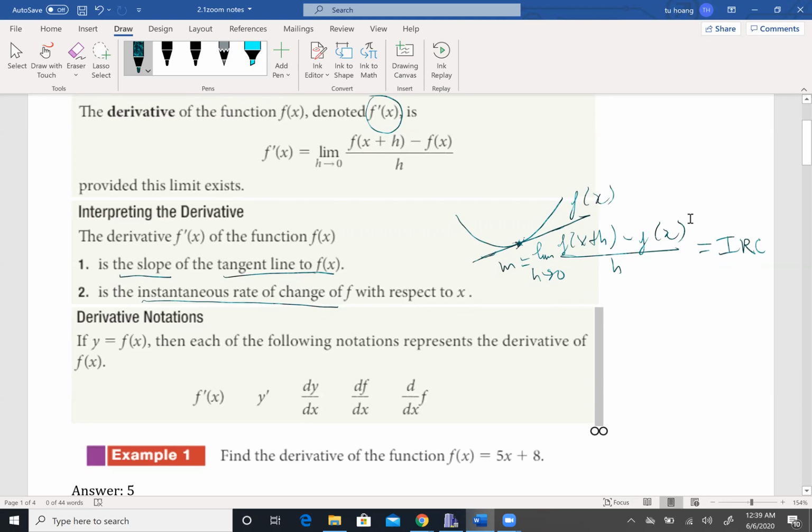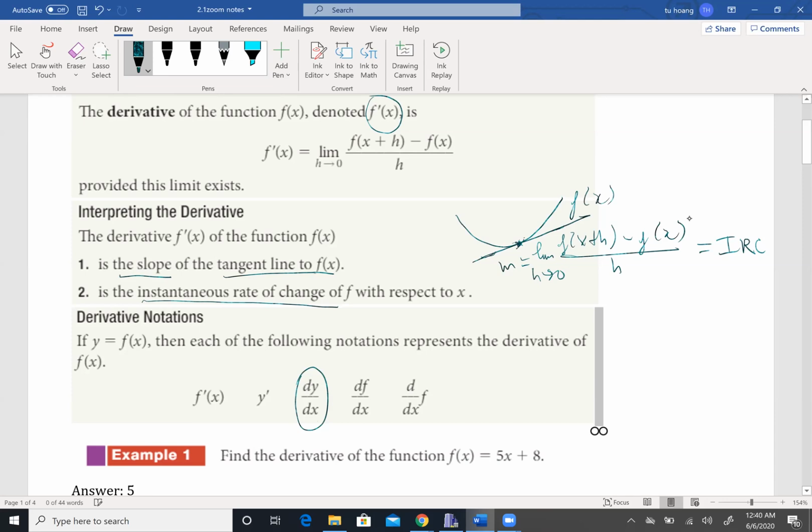For the notation of the derivative, I have some notation here. You can see that we have f'(x), y', dy/dx, df/dx, and d/dx of f. You should know that this is not a fraction.